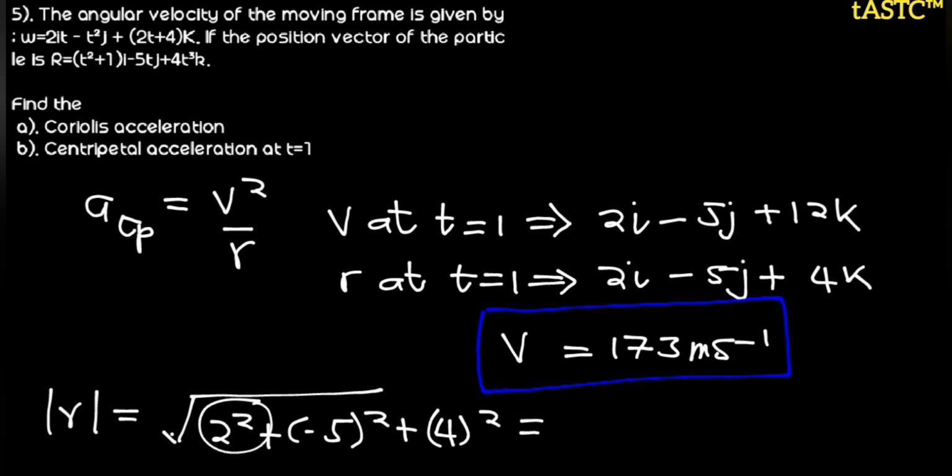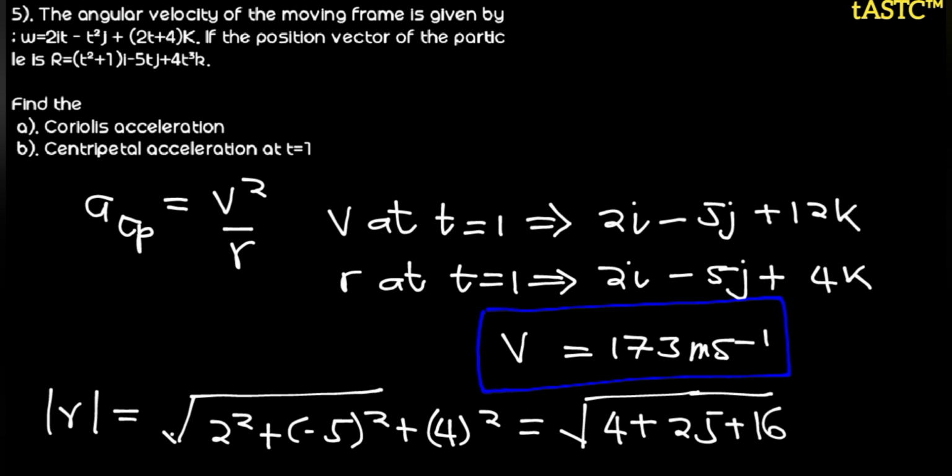So we know this is going to give us a 4, this is a 4, and this is going to give us a 25. And for the last one, we're going to have a 16. So let's see what that gives.